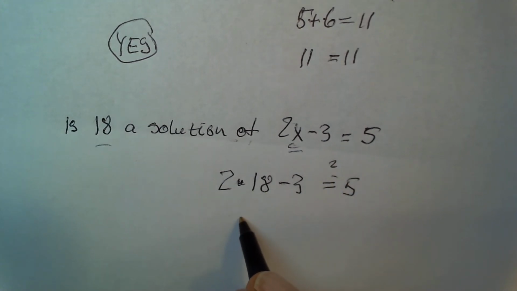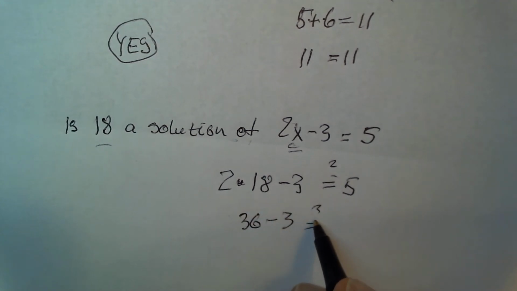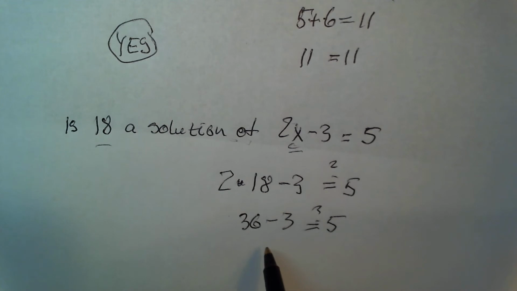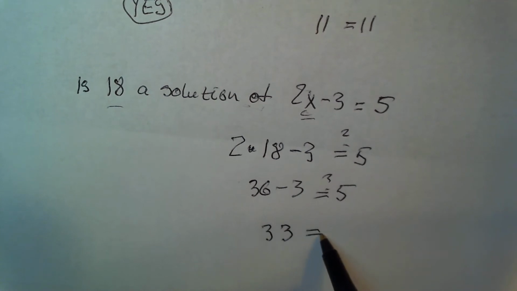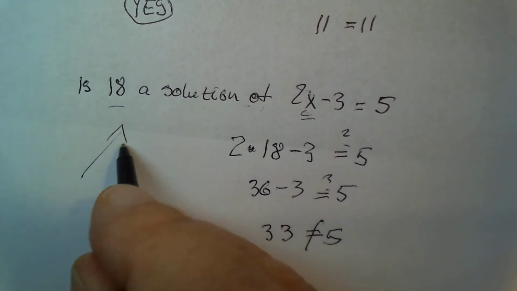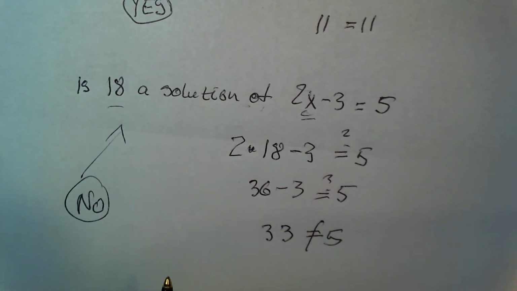Well, 2 times 18 is 36, minus 3. So the question, is that equal to 5? Well, let's see. 36 minus 3 is 33. And for sure, 33 is not equal to 5. So here, 18 is not a solution of this equation.